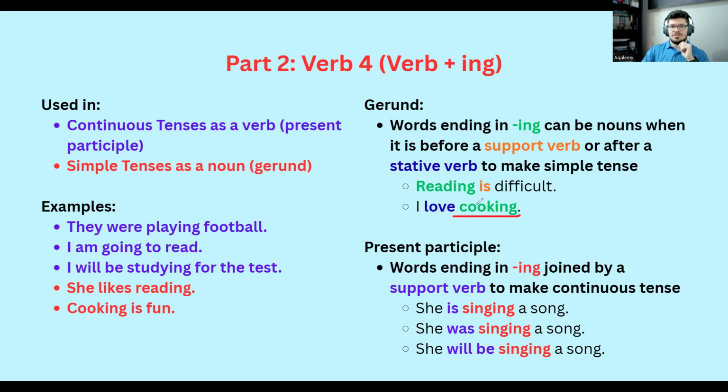Let's say, for example, we take away cooking and we put a general noun. For example, I love cats. Can you see? Now, cats in this situation is not an activity. It is a normal noun. Maybe you change it: I like ice cream or I love ice cream.